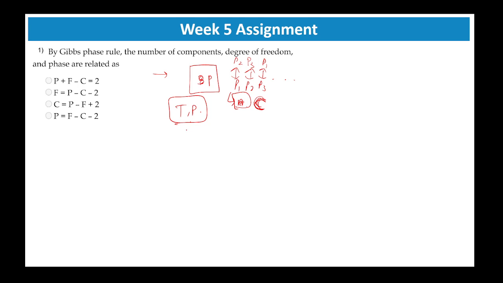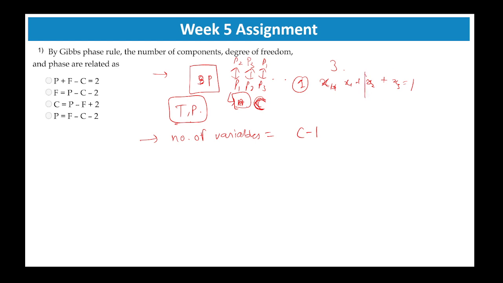So what you will have is, for C components, the number of variables that you will have is C minus 1. Because let's say you have three components and mole fractions, then for each phase you can write x1 plus x2 plus x3 equals 1.